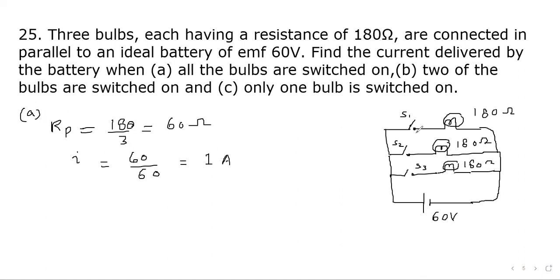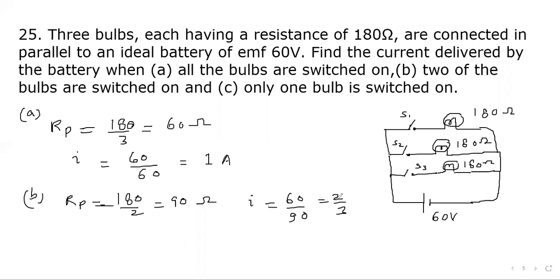Now, when switches S1 and S2 are closed and switch S3 is open, this 180 ohm will not be included. So only two resistances will be there in parallel. So the equivalent resistance will be 180 divided by 2, that is 90 ohm. In this case, current I will be equal to 60 divided by 90. So 2 by 3 ampere.